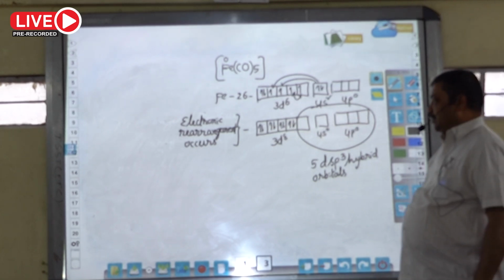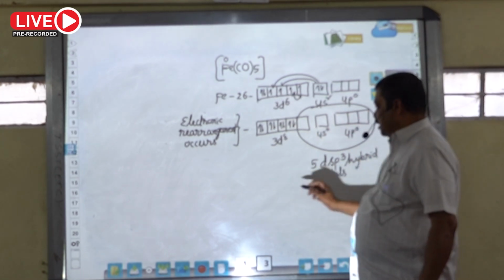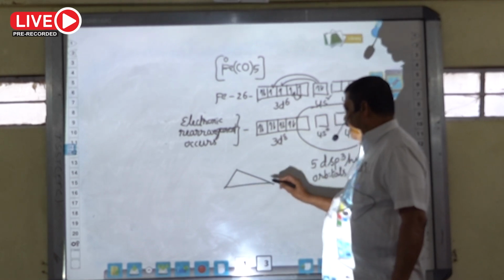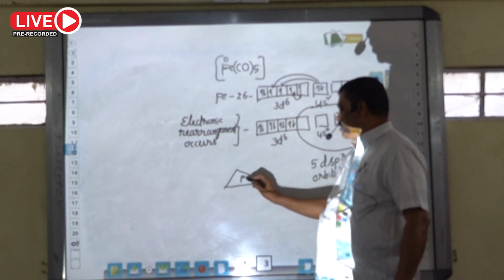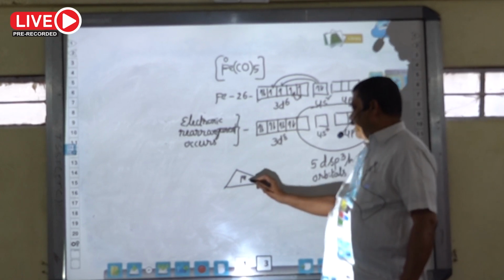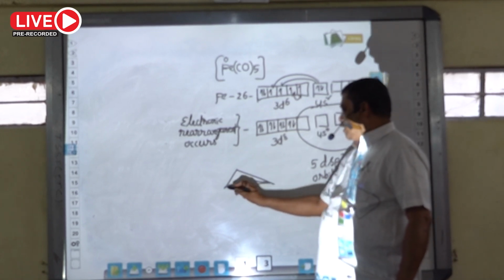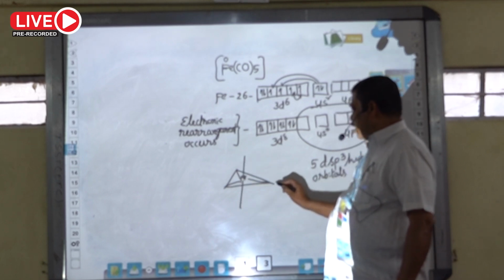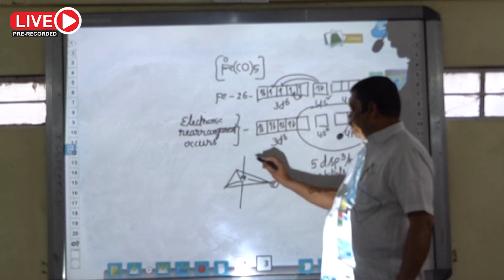Using these 5 dsp3 hybrid orbitals, the iron forms 5 coordinate covalent bonds with 5 carbon monoxide molecules.